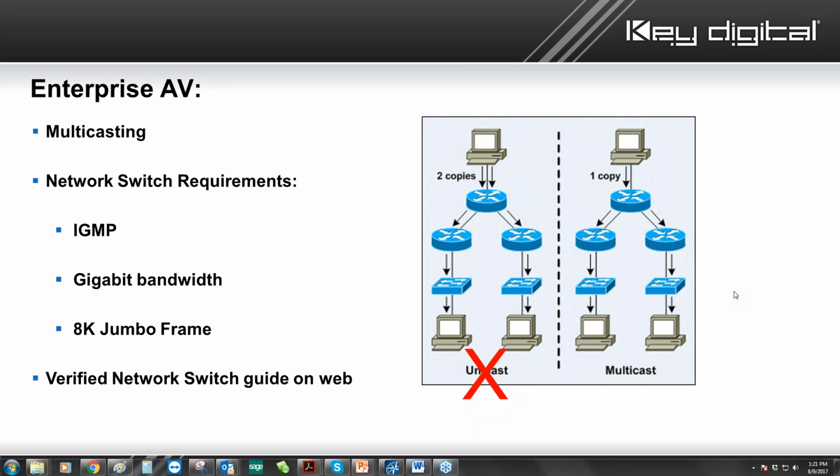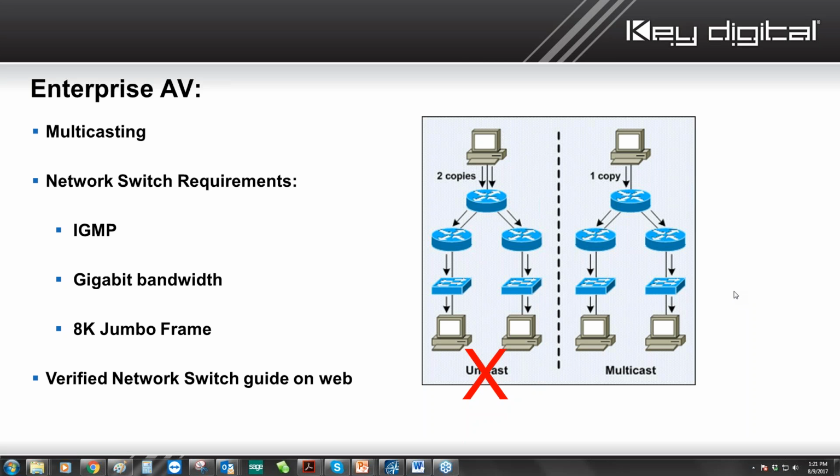However, there are specific network devices and network communication designed to go beyond that 1.5K in size. And so for those larger framed applications, there are network switches which support 8K jumbo frame, and that's what you need for the 4K enterprise AV system.